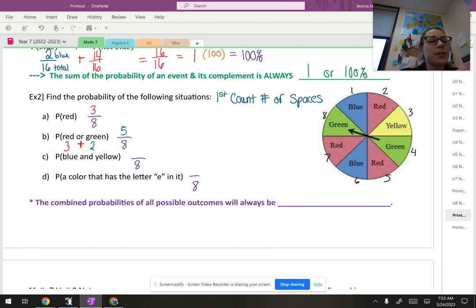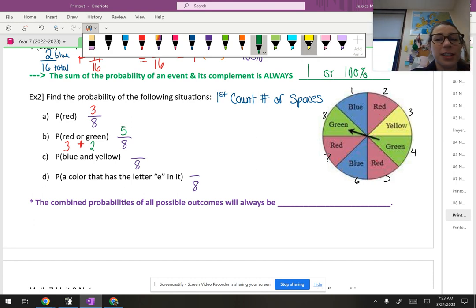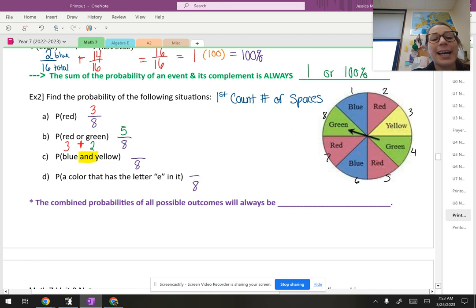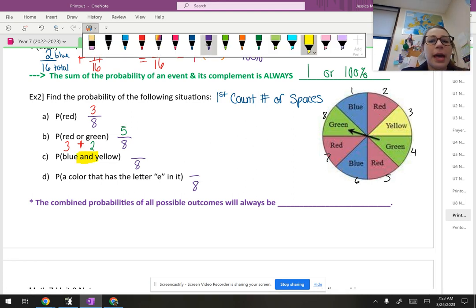Now, up next, part C, I had so much fun tricking everybody with this. The probability of getting blue and yellow. If you're thinking it might be 3/8, you're wrong. And the key difference here is this word and, getting blue and yellow.